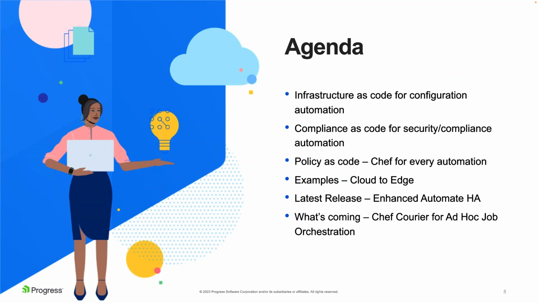We'll walk through the capabilities associated with that. And finally, we'll quickly walk through the new and exciting things that we are building within Chef, which is in the form of Chef Courier, which will be our solution for ad hoc job orchestration in the configuration and compliance automation areas.